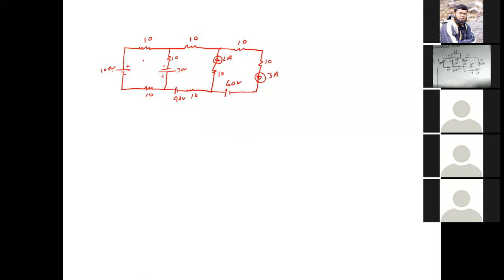This one loop, this one current, this looping is I1, and another loop, this is I2. Okay, another loop, this is I3. Okay, and this minus to plus, this is the resistance, all no problem.